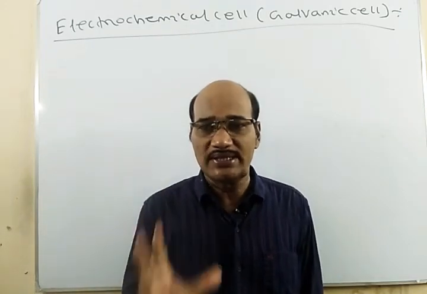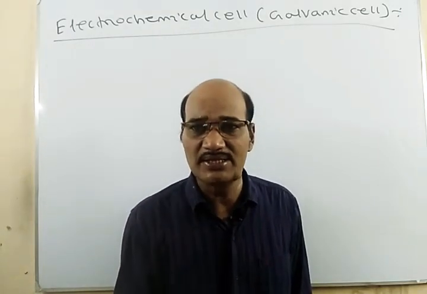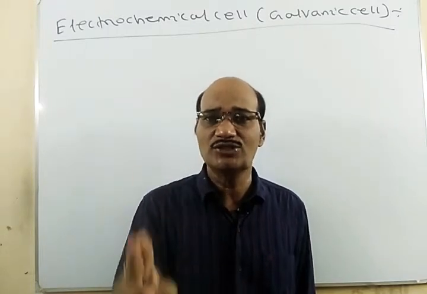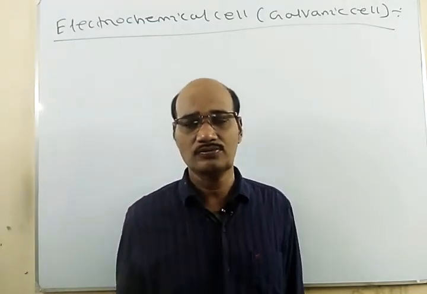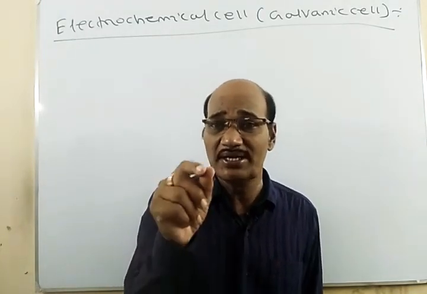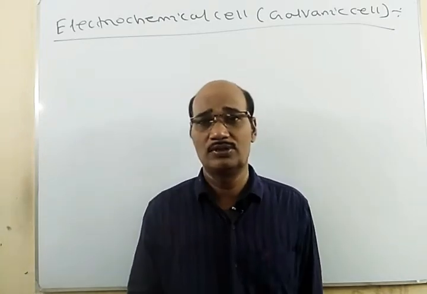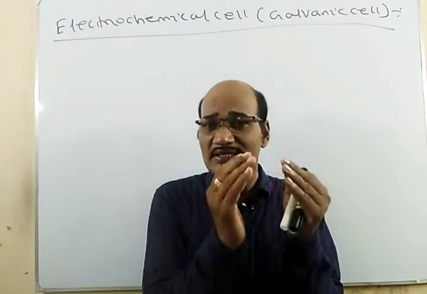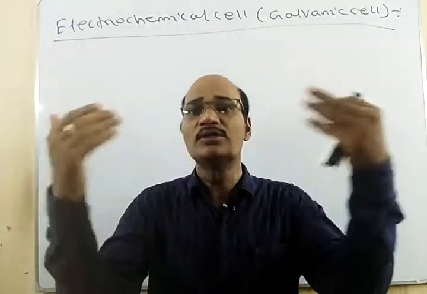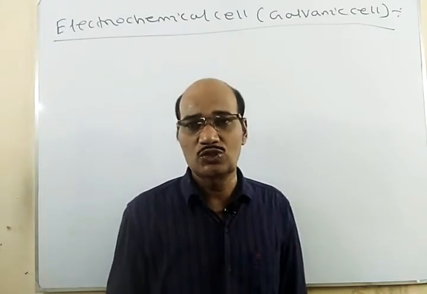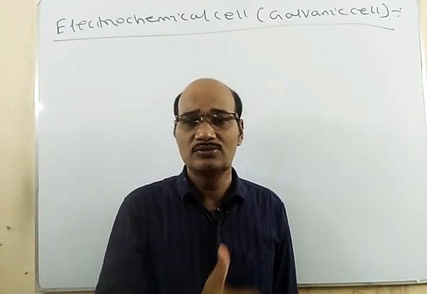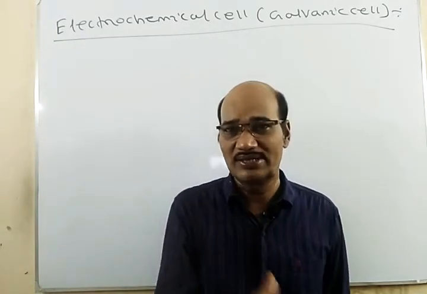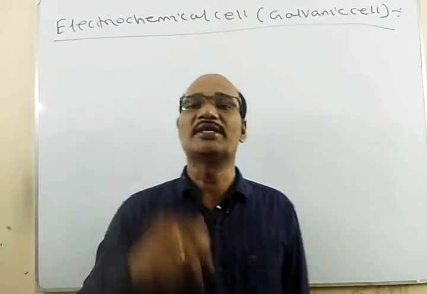So an electrochemical cell or galvanic cell is a device where indirect oxidation and reduction reactions are taking place, and as a result of this indirect oxidation and reduction, there is a decrease of free energy, and this decrease in free energy is converted into electrical energy. So an electrochemical cell is a device which converts the decrease in free energy, that is the chemical energy, into electrical energy.